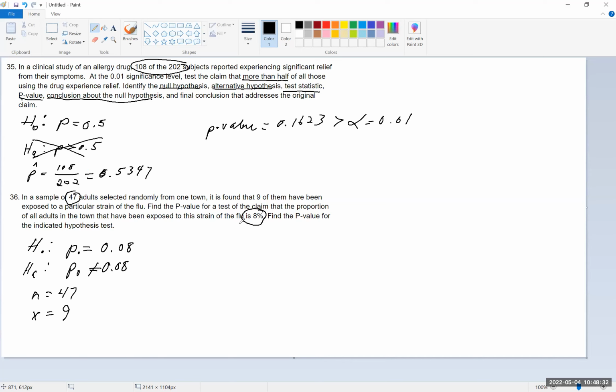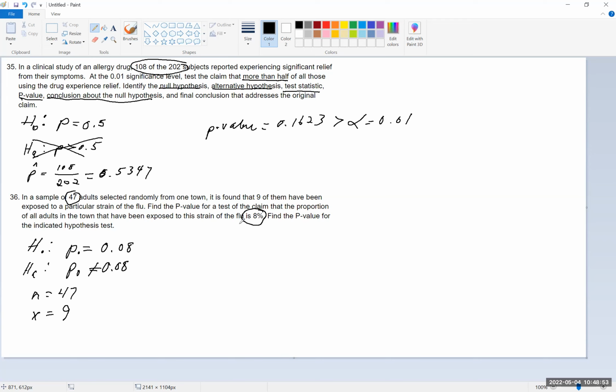We can simply report the p-value, and that's often done in scientific papers. Sometimes they don't choose a significance level, they just report the p-values.